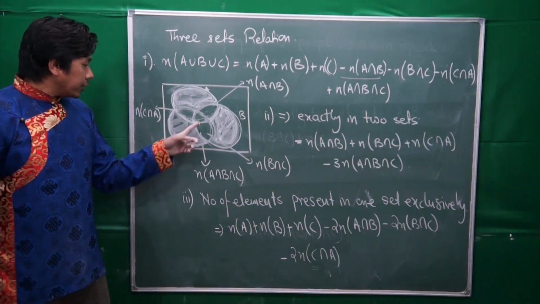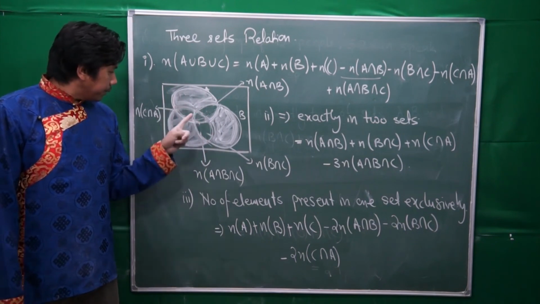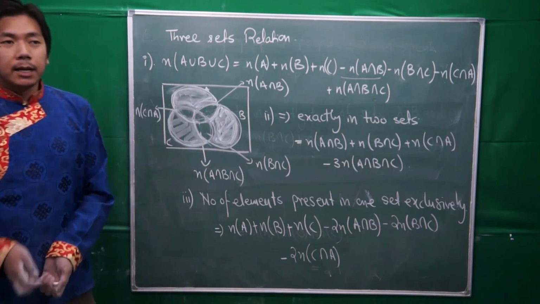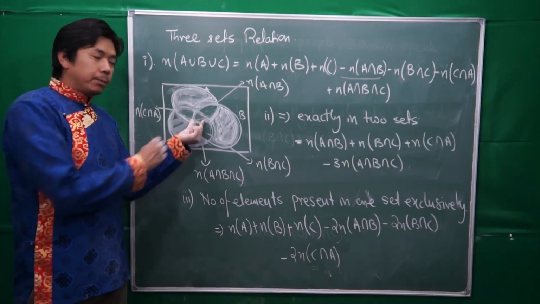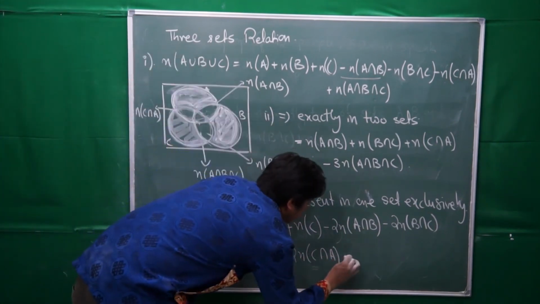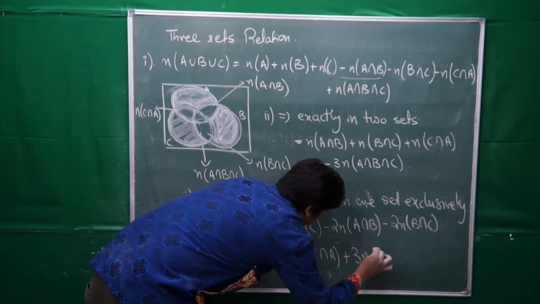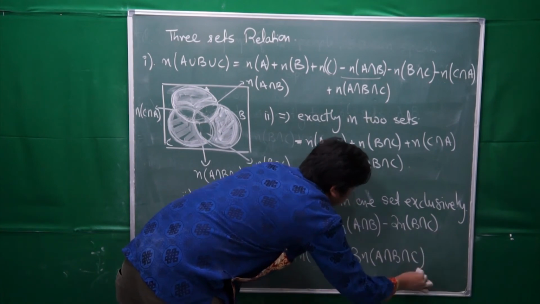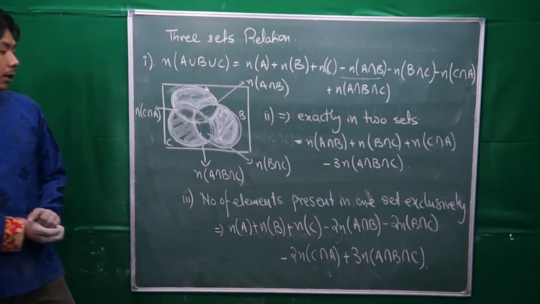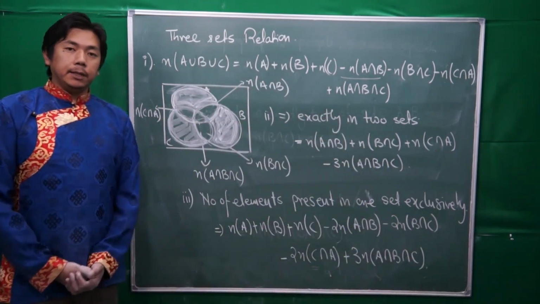Okay. It has to be removed just 3 times, but it is getting removed 6 times. That means thrice more has been removed, which needs to be returned. So plus 3 times number of A intersection B intersection C. So from here our relation is complete.